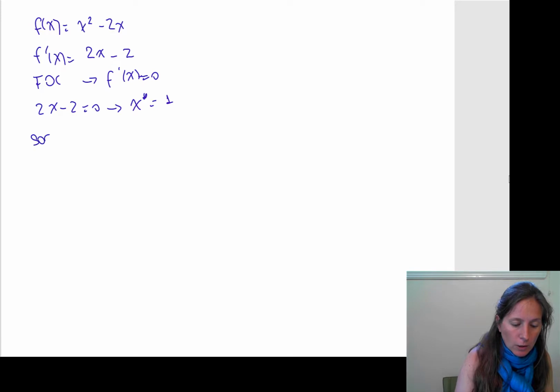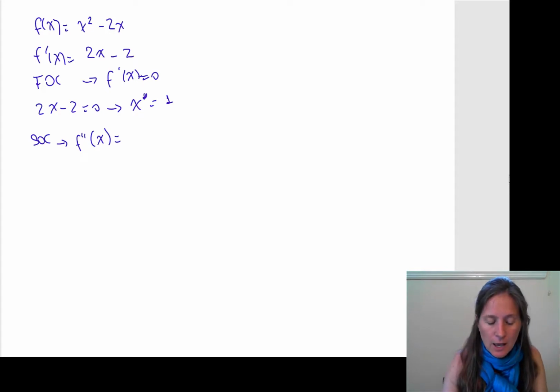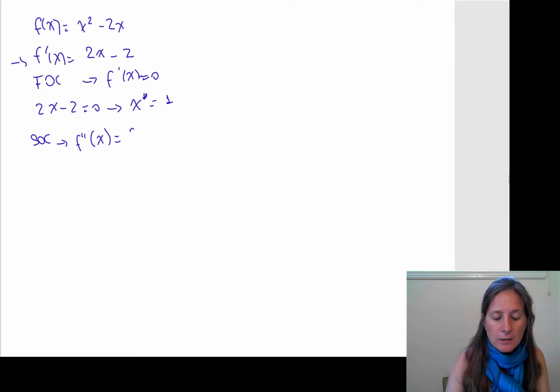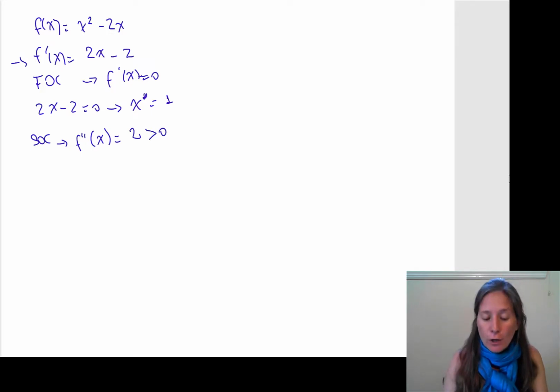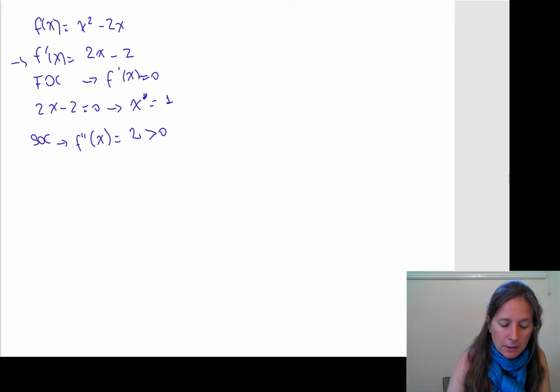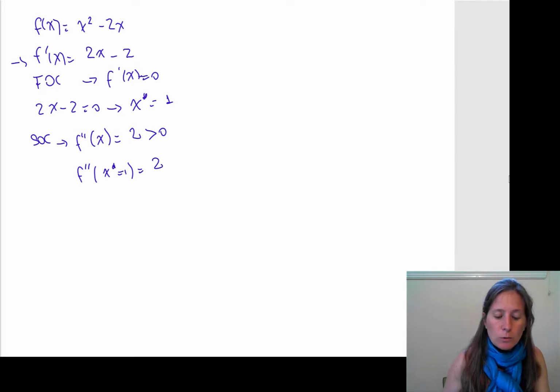So we think about our second order conditions and compute the second derivative of f of x, which is just equal to 2, a positive number for any value of x. In particular, the second derivative at x star equals 1 is equal to 2.